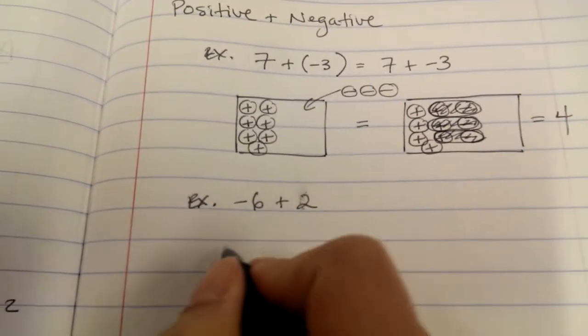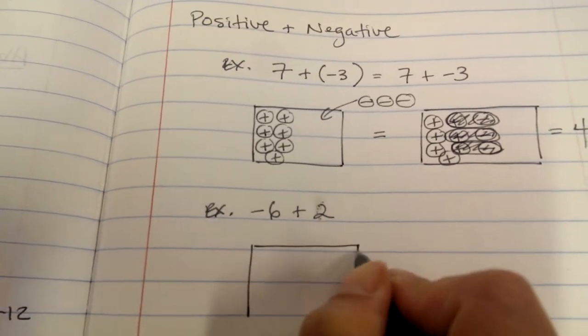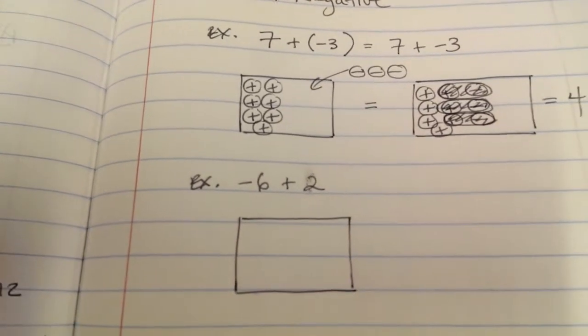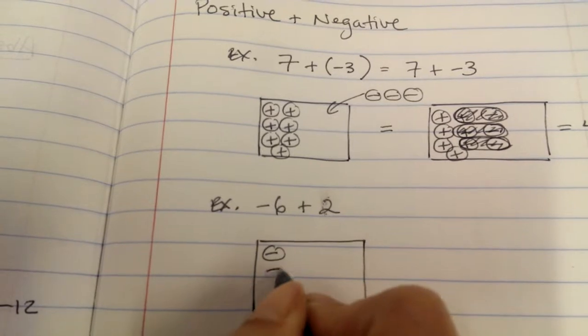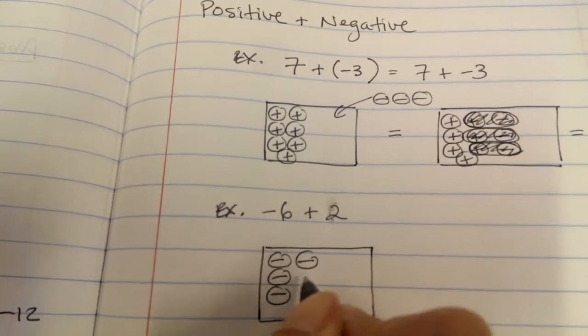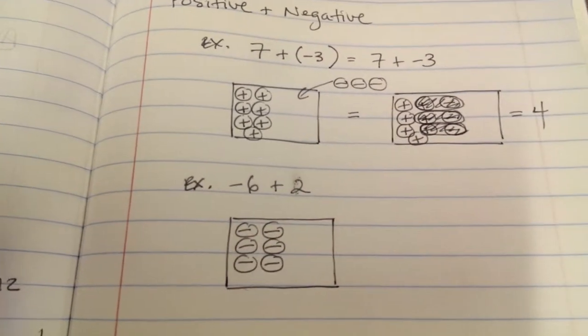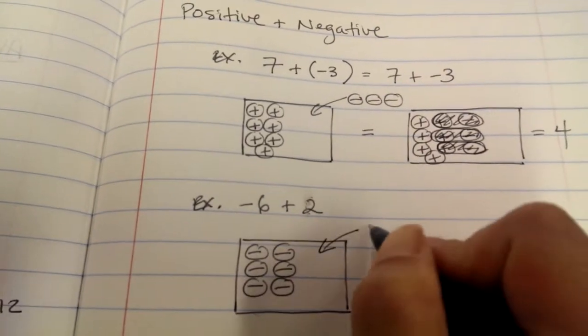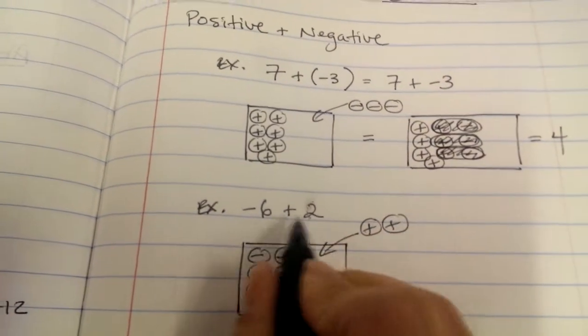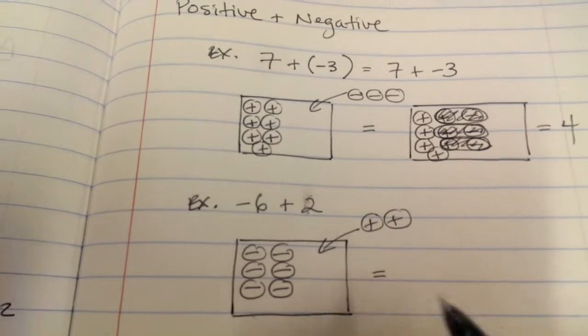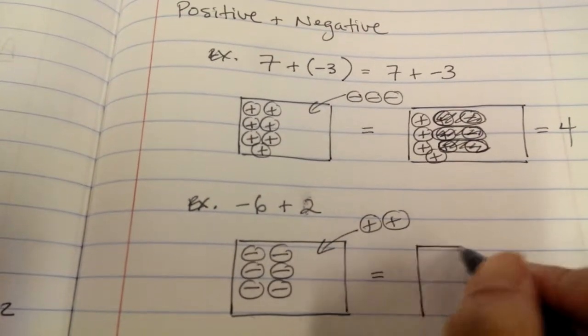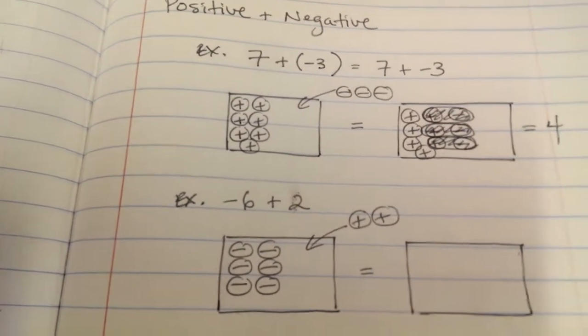Okay? So in our picture, we have 6 negatives. And you can see that I am going to add in 2 positives. So what is my picture going to look like when I am done adding in the 2 positives?